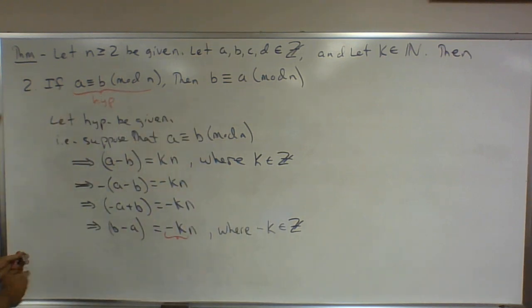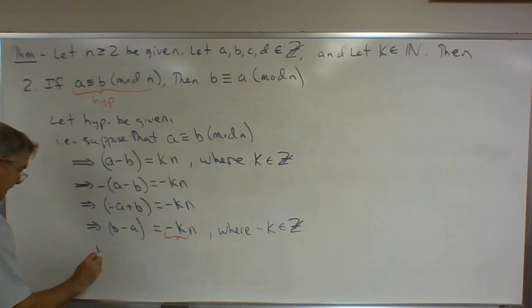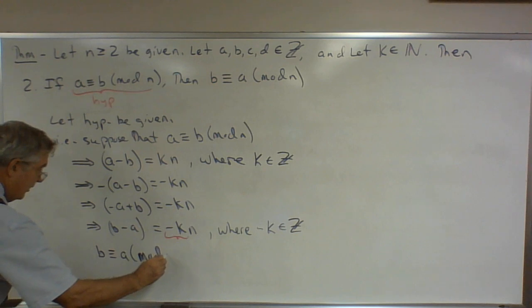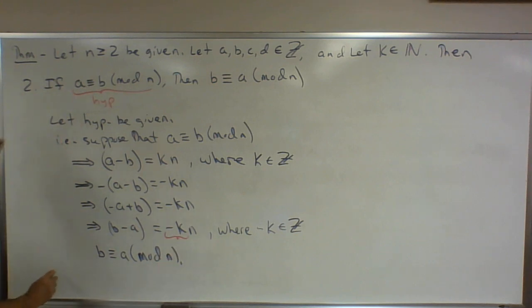So that means that b is congruent to a mod n.